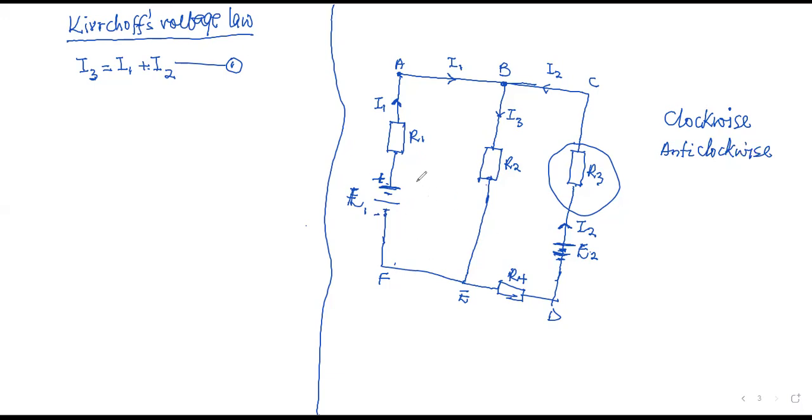The choice is actually yours. I will want to go clockwise. You may also choose to go anti-clockwise. So this is the direction of my chosen loop. I'm moving clockwise.